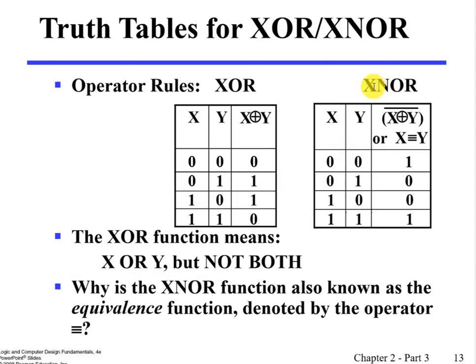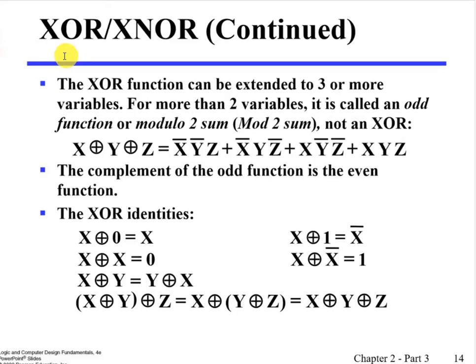Similarly, you can think of the exclusive NOR function as an equivalence function, because it gives 1, true, or high when the two inputs are equivalent, 0 0 or 1 1. In other cases, it is 0. Exclusive OR and exclusive NOR functions can be extended to 3 or more variables as follows.